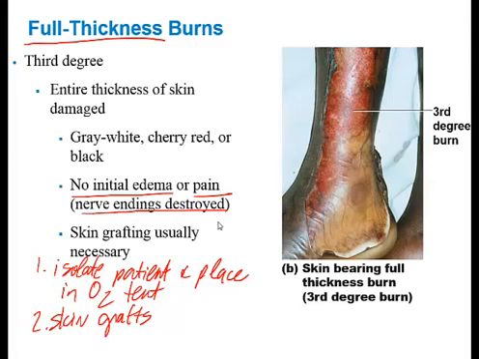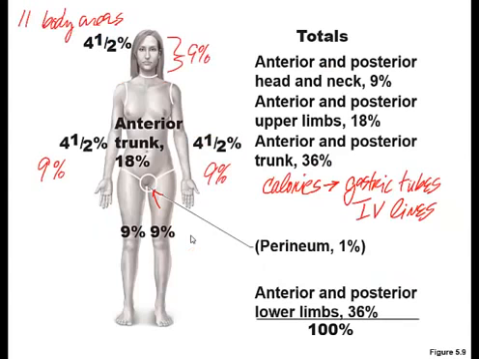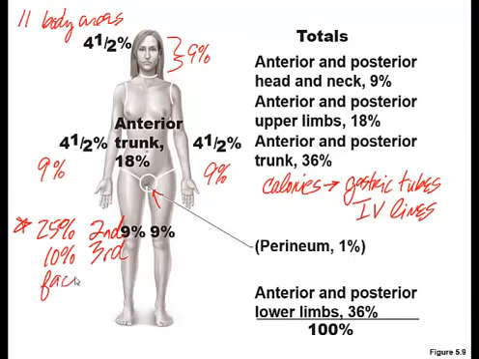In general, burns are considered very, very critical if any of the following apply: if 25% of the body has second-degree burns, or if 10% of the body has third-degree burns, or if there are third-degree burns on very important areas like the face, the hands, or the feet.